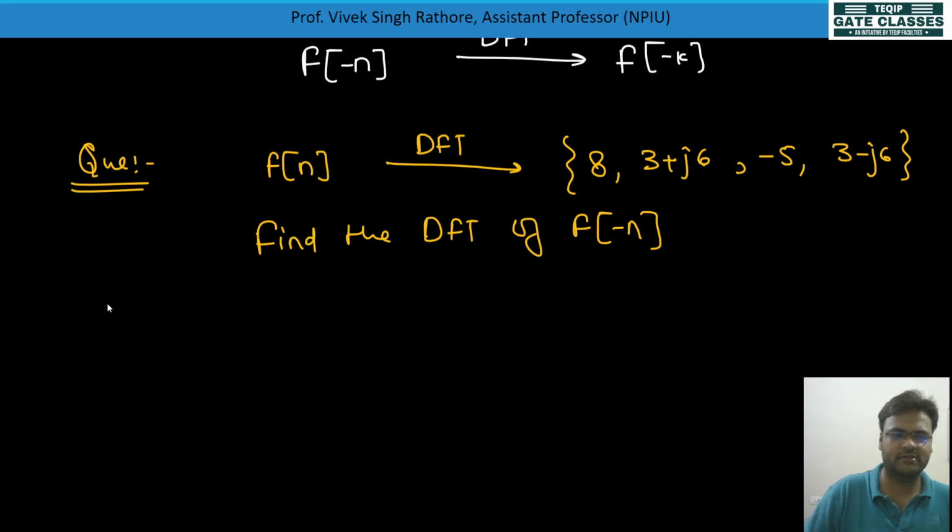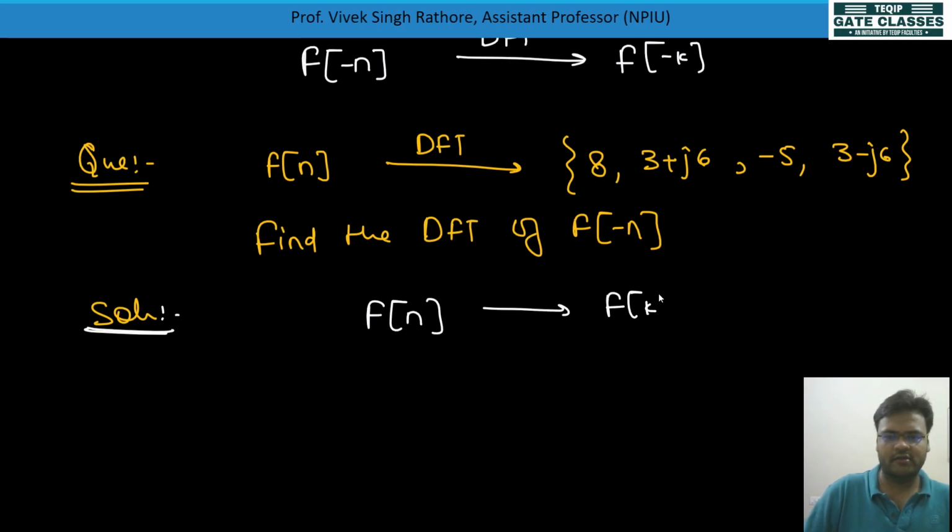See how we'll do it. As you know, f of n has DFT value f of k, so ultimately f of minus n will obviously have f of minus k.